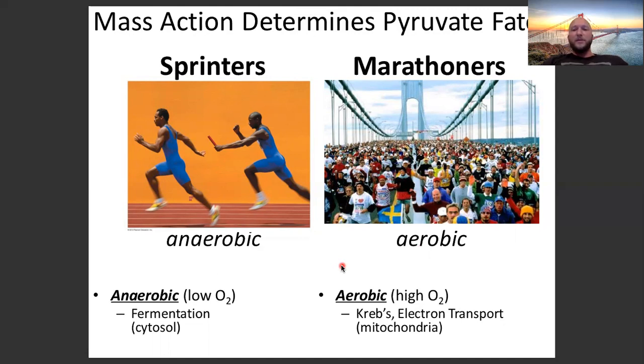Glycolysis is going to happen up to this point, just like we said, in the presence of oxygen and without oxygen, the same way. What's going to happen to the pyruvates will vary depending on if we go the anaerobic pathway or the aerobic pathway. So this is our first split. Are we going left? Are we going right? Are we going anaerobic or aerobic?